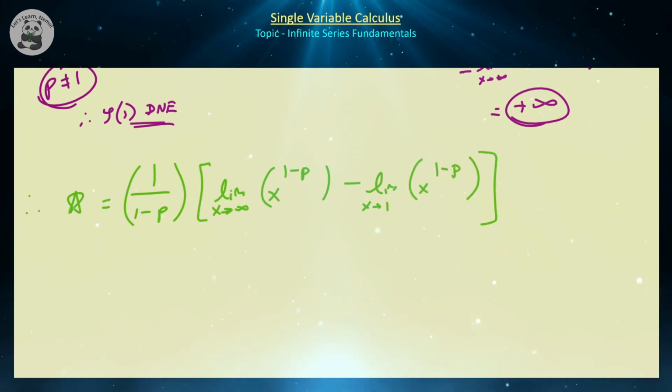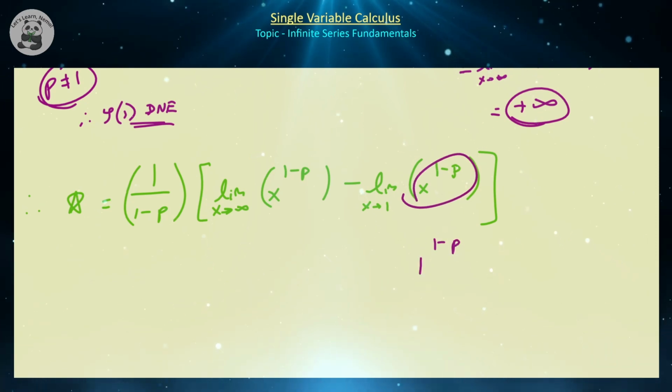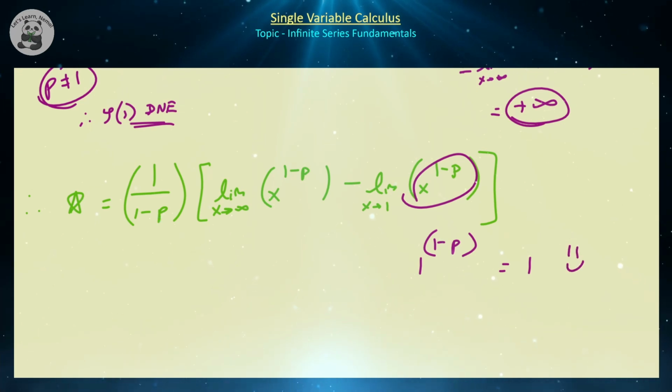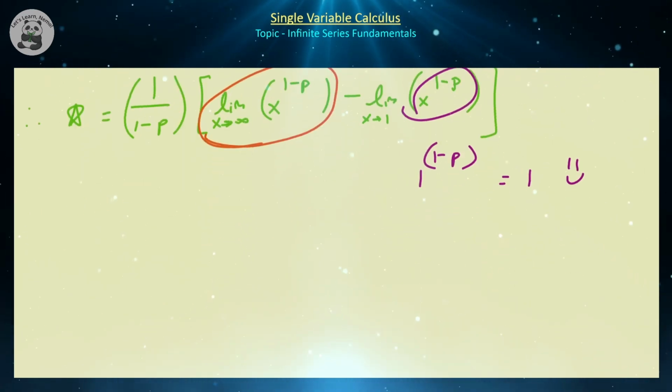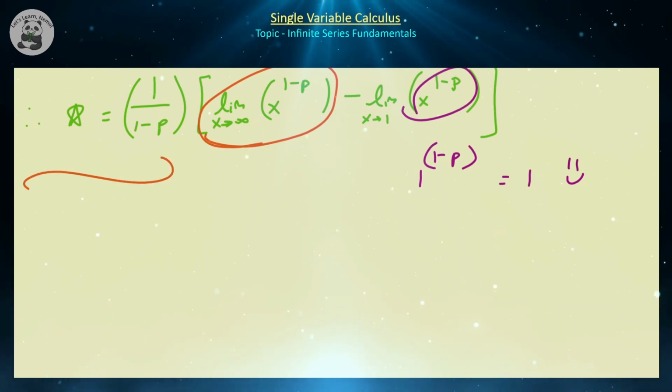So here we're going to have 1 to the 1 minus p, and as long as p is not infinite, 1 to any power is just going to be equal to 1, so that's not going to give us any issues. So if any issues do occur, they're going to be associated with this term right here. So let's take a closer look at what's going on with that particular limit.